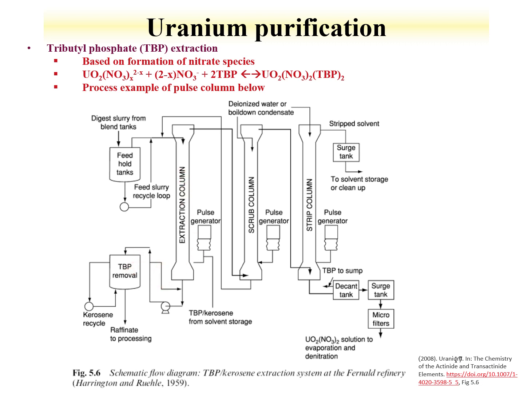The aqueous phase would be added to the pulse column and migrate down. As that drop moves down the column, it will form the uranyl nitrate tributyl phosphate species, which then gets extracted into the column. The aqueous phase goes here, and the organic phase containing the uranium here.